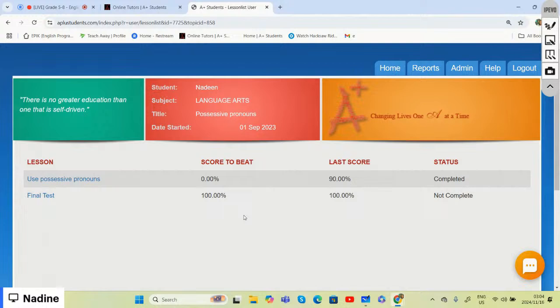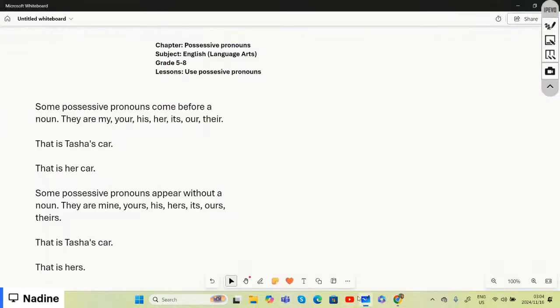All right. So we see that our chapter is possessive pronouns. Our subject is English language arts.